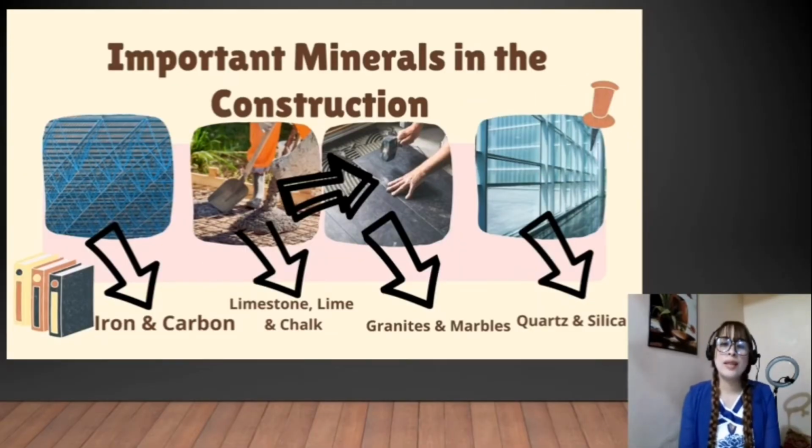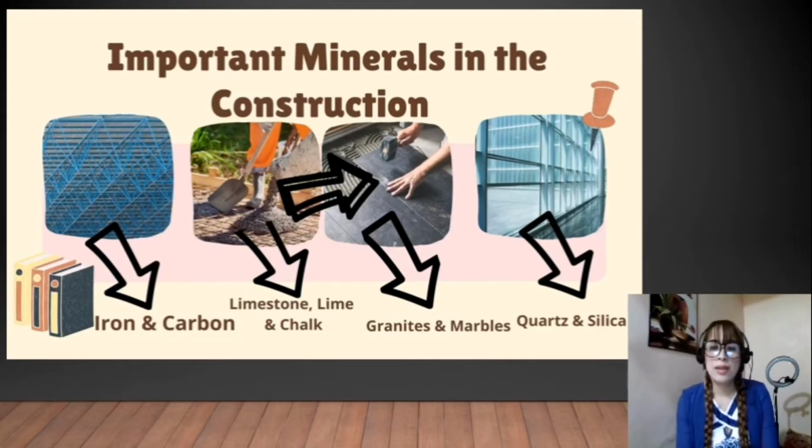And also in constructing buildings. What are the important minerals in construction? First one, the iron and carbon present in iron and steel. The next one is the limestone, the lime, and the chalk for those that are using concrete, the concrete that we use in building a certain establishment.